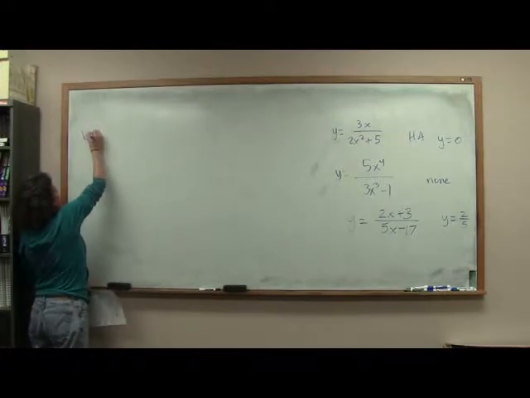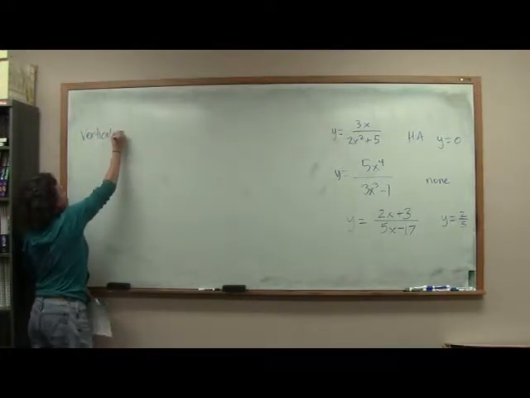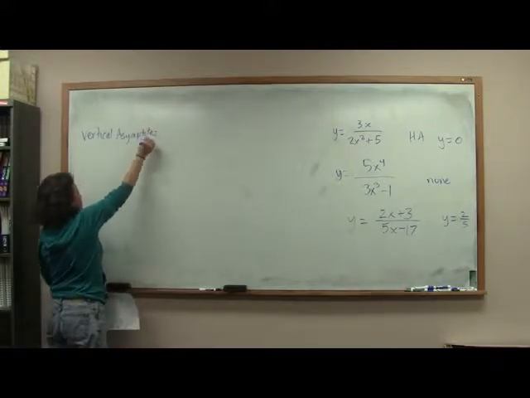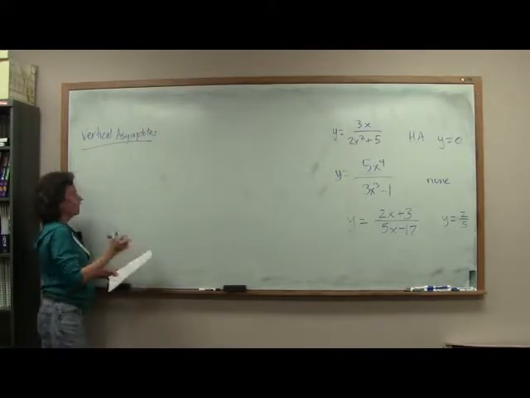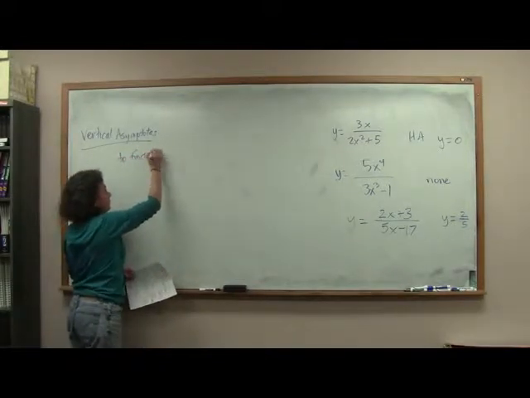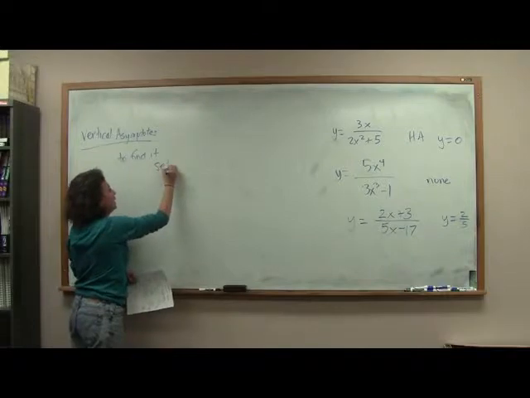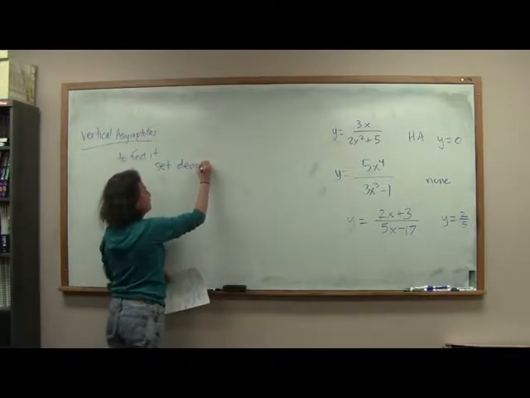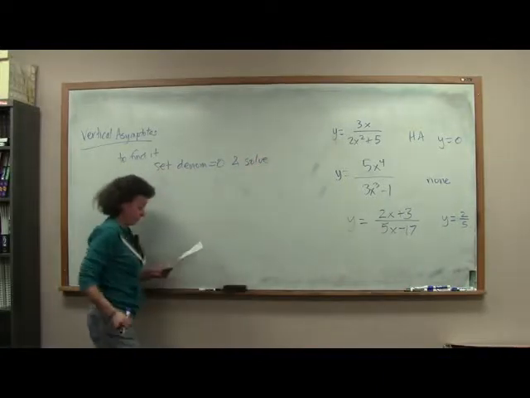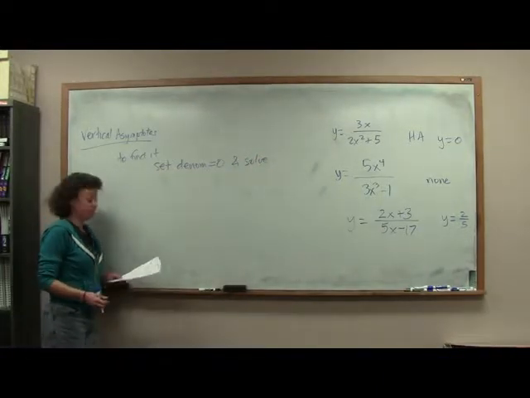Vertical asymptotes. The way you find them, you set your denominator equal to 0 and solve. That's it.